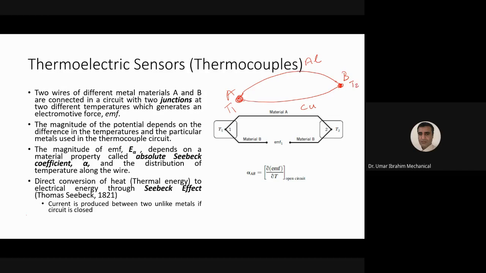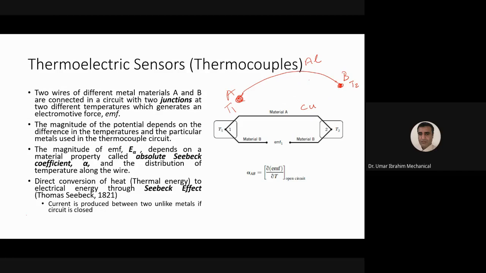So what would happen is that there will be current flow, either in the clockwise or the counterclockwise direction. We don't care about that, okay? The current flow means there is some potential driving it.